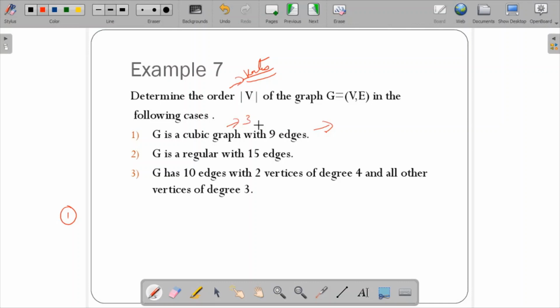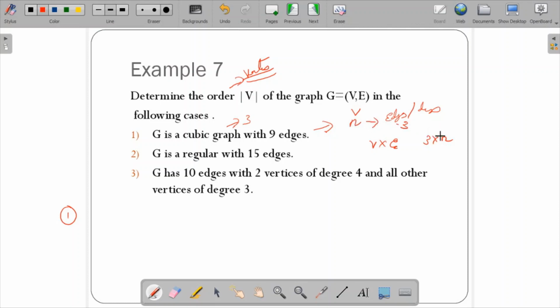Suppose we don't know the order, I mean we don't know the number of vertices. So let us assume the number of vertices is n, and the degree is 3. Therefore the sum of the degrees would be 3 into n, because the degree is 3 but the number of vertices we don't know.